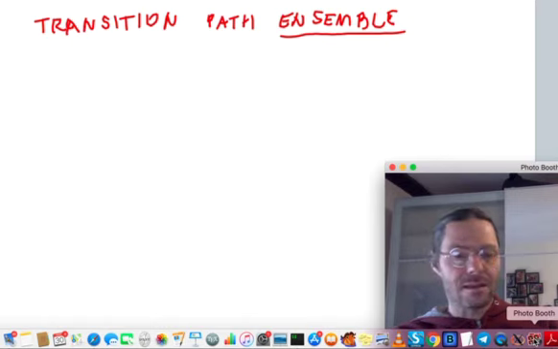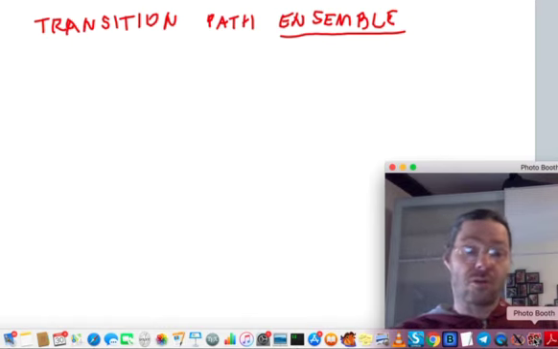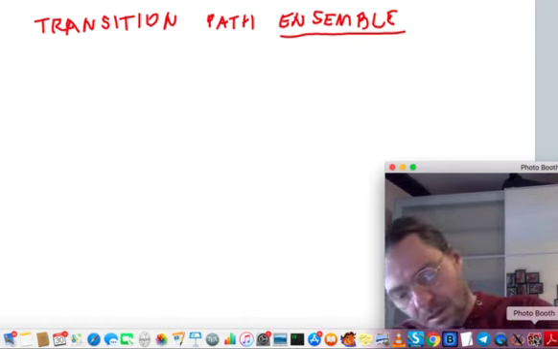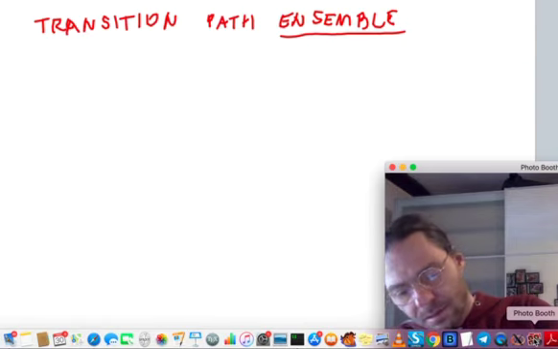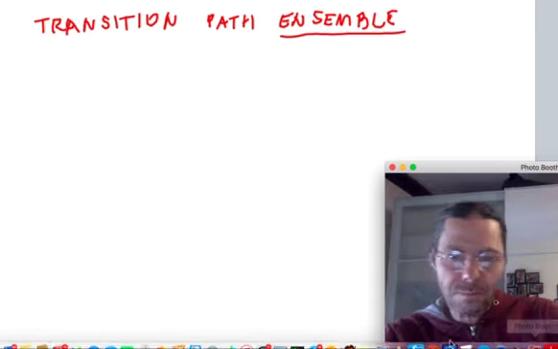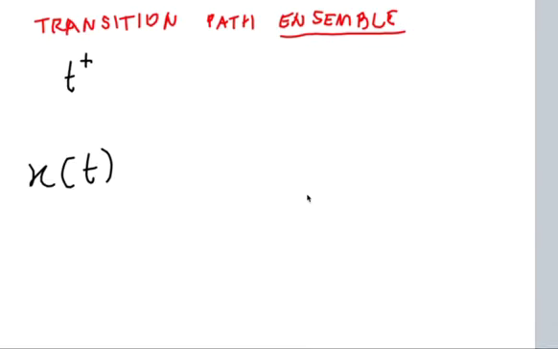I can define along the trajectory two observables. Well, sorry, let me rephrase, I've been quite inaccurate.